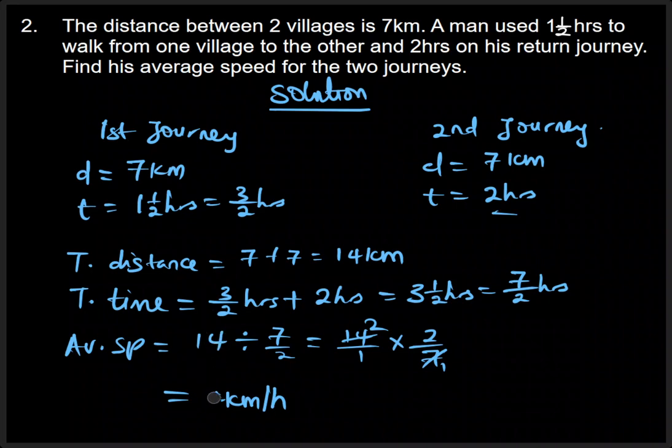So the average speed will be 4 kilometers per hour. So that's how we find the average speed. Your average speed is total distance over total time. Please take note of that.